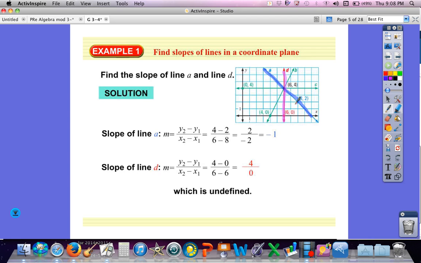Plug those in, find the slope. And for the slope of line D, it looks like they used 6, 4 and 6, 0. Plug that into the formula and they got a slope of 4 over 0, which is undefined.